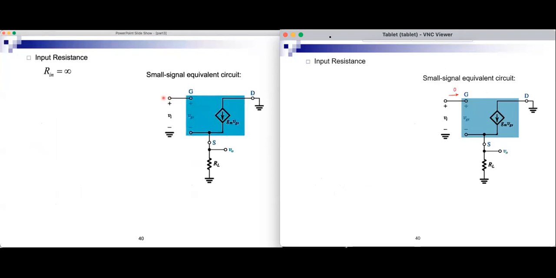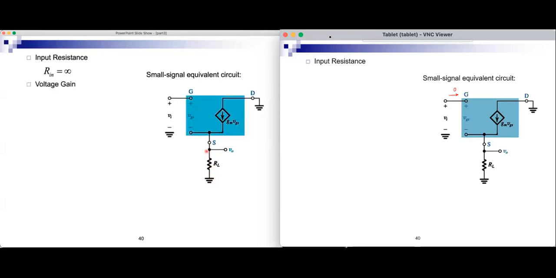For voltage gain, notice that the input is between the gate and ground, while VGS is between gate and source, and then there is this voltage between the source and ground, which is the output.